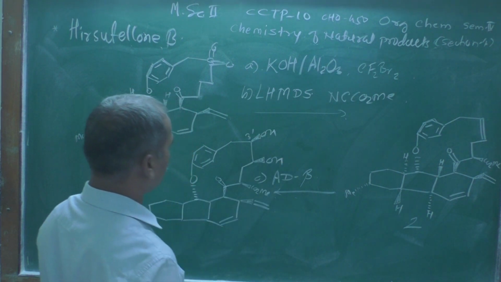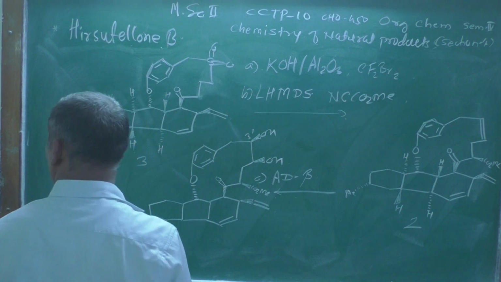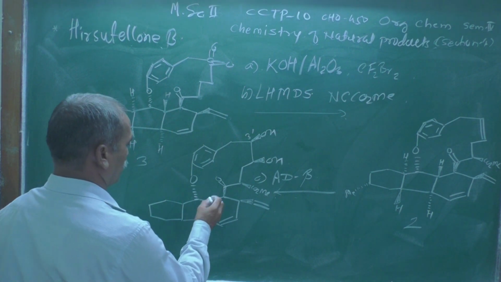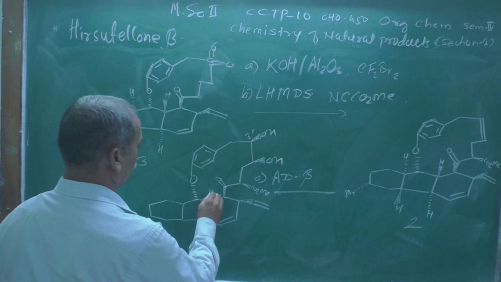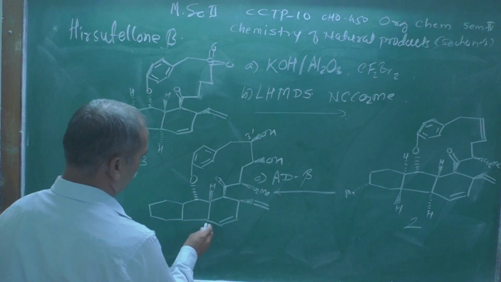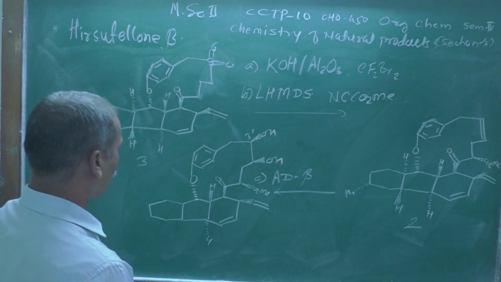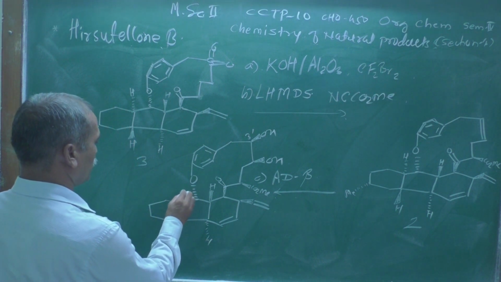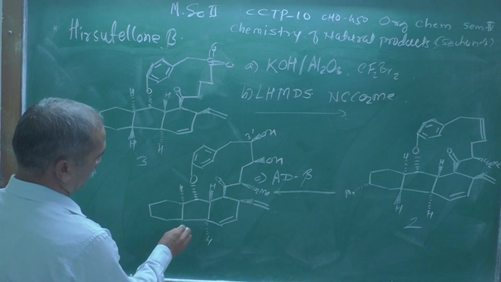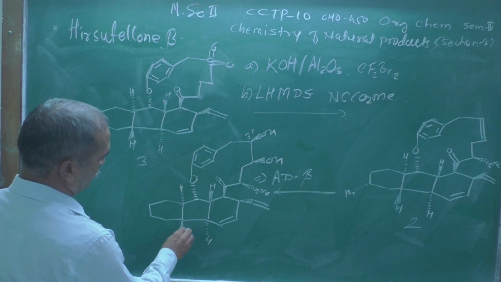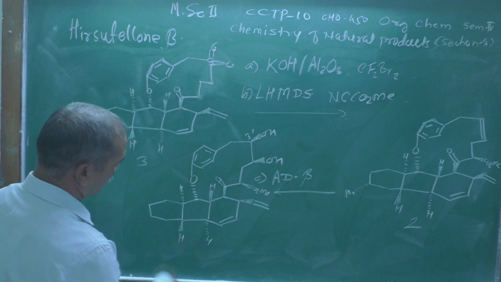The rest of the other part of the molecule remains as it is. Here is a hydrogen atom, and at this junction there is a hydrogen atom that is below the plane. Here the hydrogen atom is below the plane, but this is a trans junction, so this hydrogen atom should be below the plane.